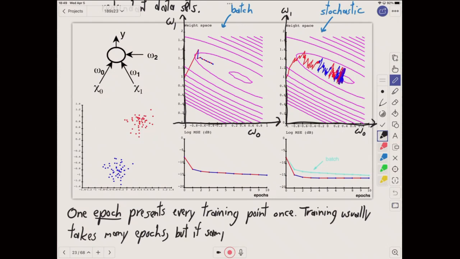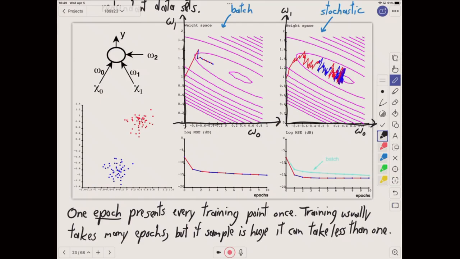Well, if the sample is really big, like if you have 1 billion digits to train on, then you have so much redundant information in your set, you might not even need to go through all of the data. Maybe after looking at the first 10 million digits, you're already very well trained. So sometimes you don't even have to complete one full epoch of stochastic gradient descent if you have a huge, huge, huge amount of data.